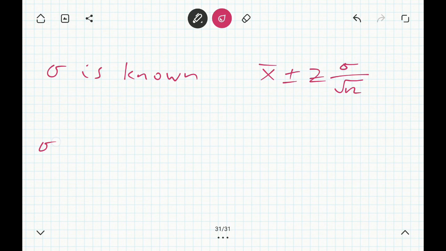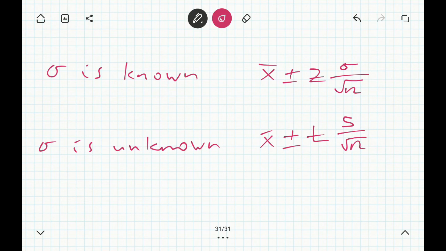If you don't know the population standard deviation, then you use sample mean plus or minus t times sample standard deviation over square root of n. And that's it. So next time we will look at how we use that to test the hypothesis, to check if the data is different, and so on.